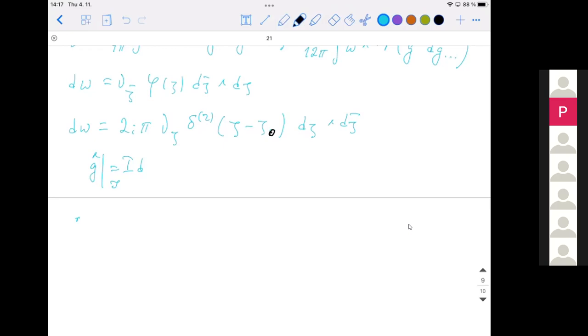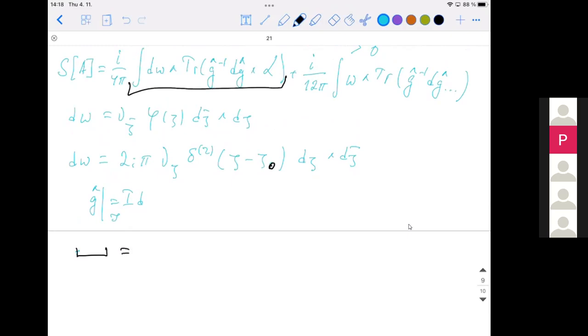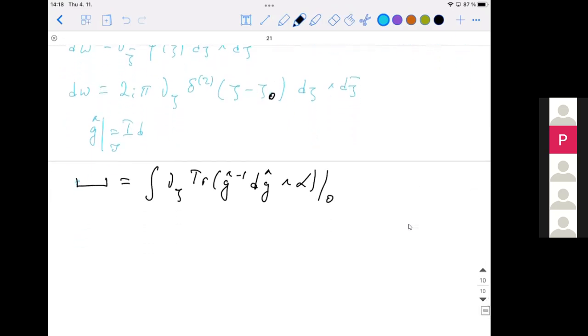Now the first part, this defect part, will be written as just this part is that, so this is the trace and this thing L at 0.